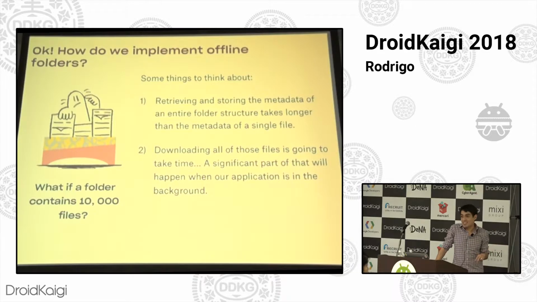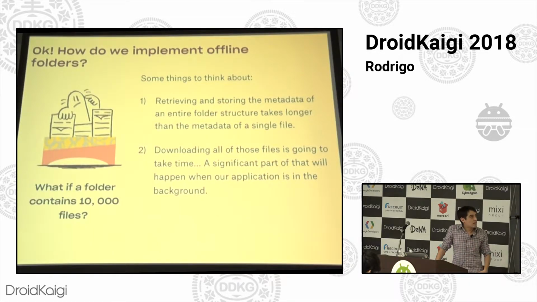Number two, it takes a lot of time to download all of those files. Before, with a single file, I guess you could have an ISO file with a Linux distribution, whatever, the DVD. But in general it's small files, like Excel files, pictures, whatever.